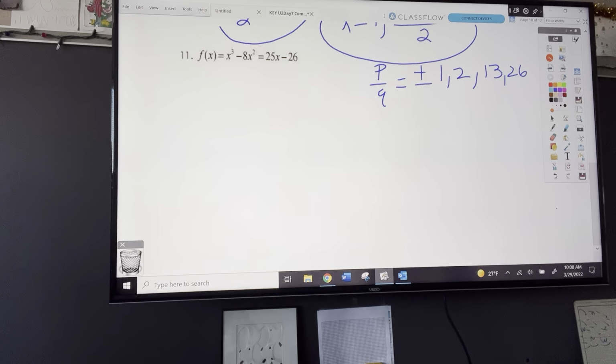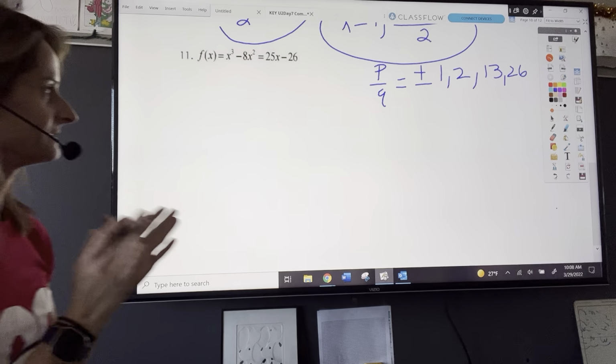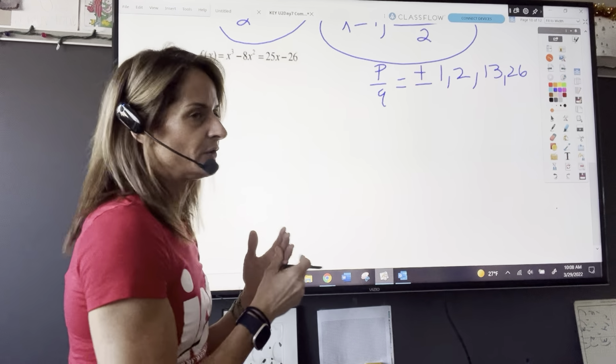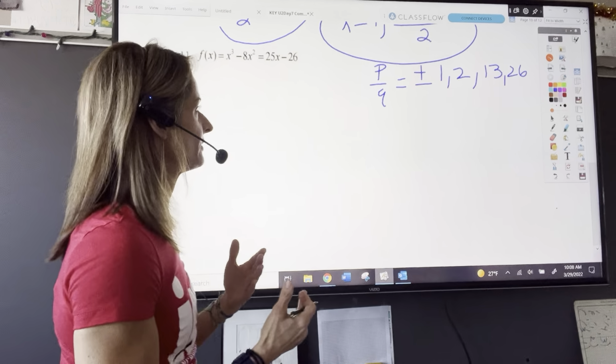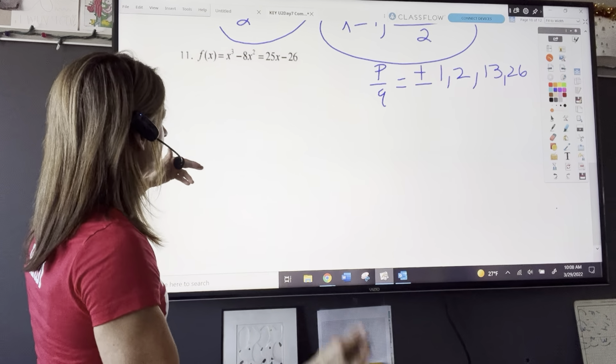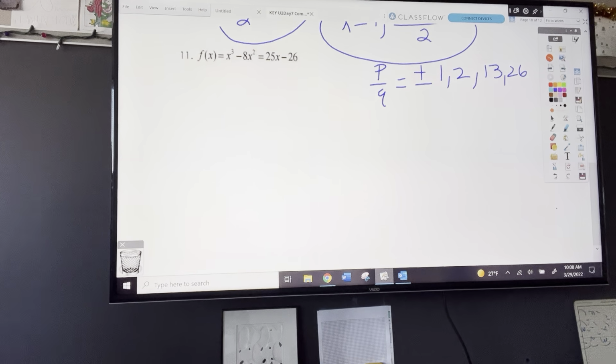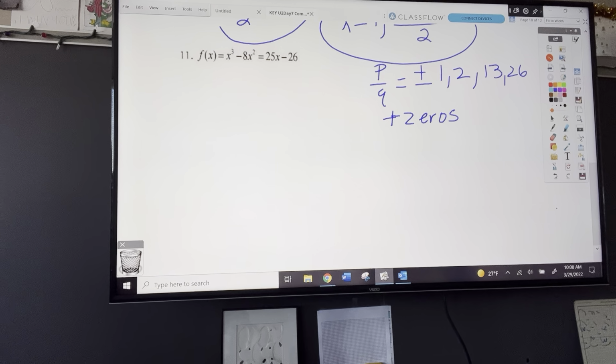Now let's see. I don't want to have to really guess. It'd be easier to know if there are any positives or negatives. So let's go ahead and do that first. If we look at f of x, how many sign changes are there? So positive zeros. This is f of x.